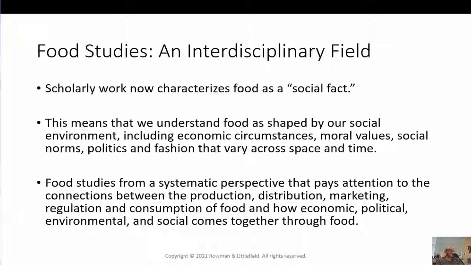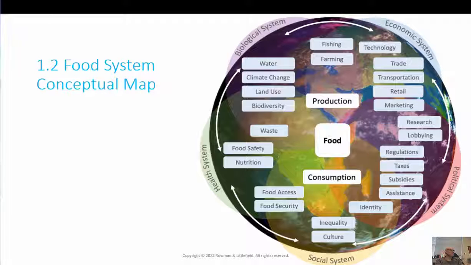These food systems are a systematic perspective that pay attention to the connections between production, distribution, marketing, regulation, and consumption, tied in with our natural environment, and how economic, political, environmental, and social factors come together through food. We have an example of a food system map where we have food, and as you can imagine, these are all the biological, economic, health, social, and political systems that are at work to put healthy food on your table.